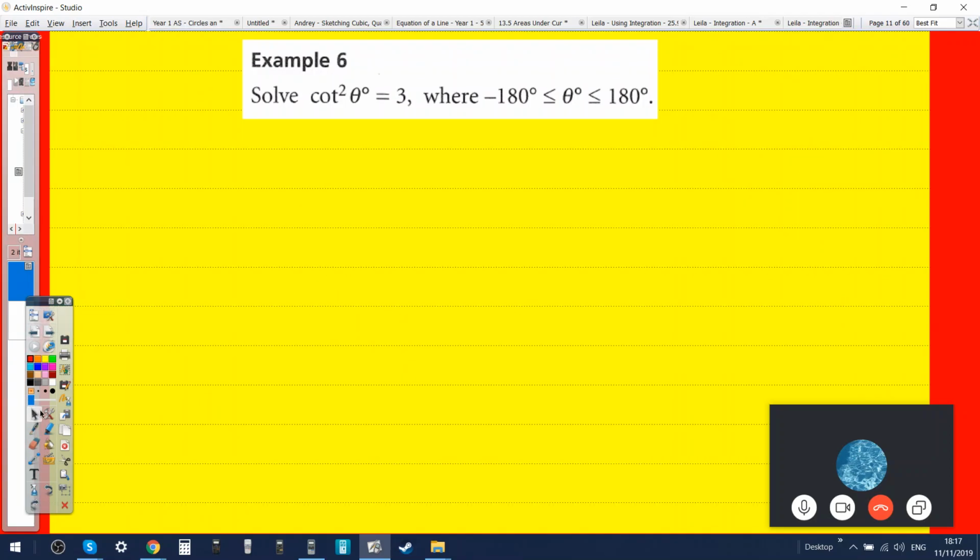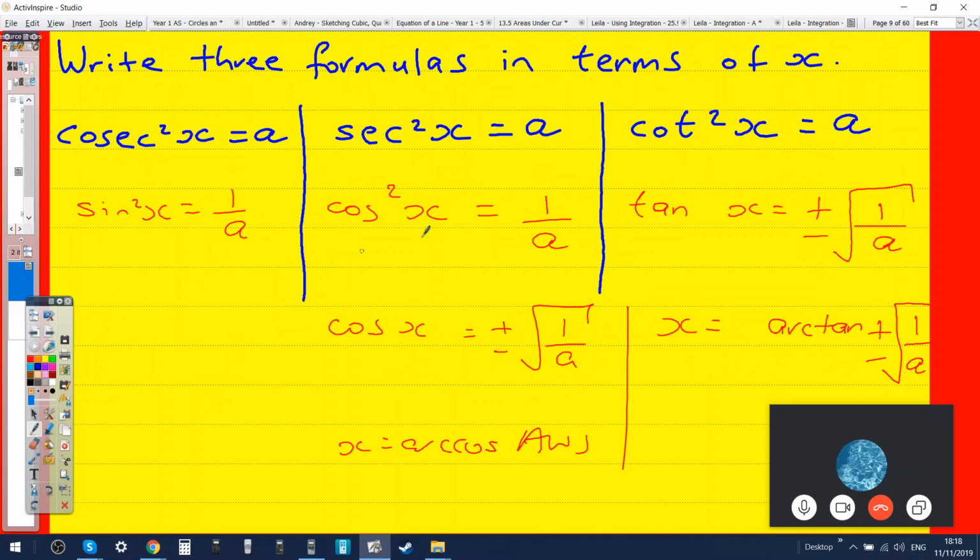Okay, let's try this. So cot squared theta equals 3. So theta equals cot. That is cos over sine, isn't it? How do we solve cot squared x equals 3? Which one is cos over sine?